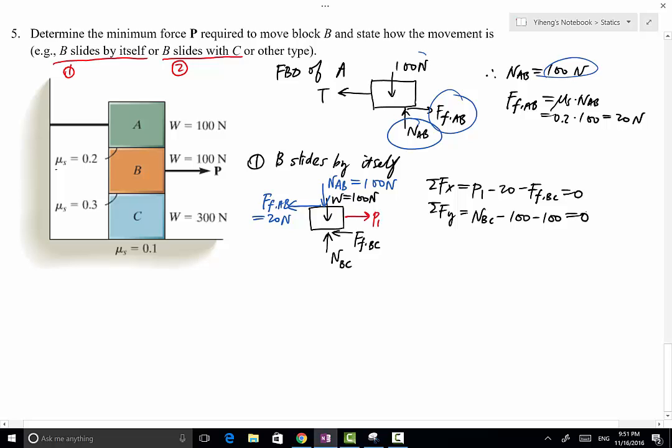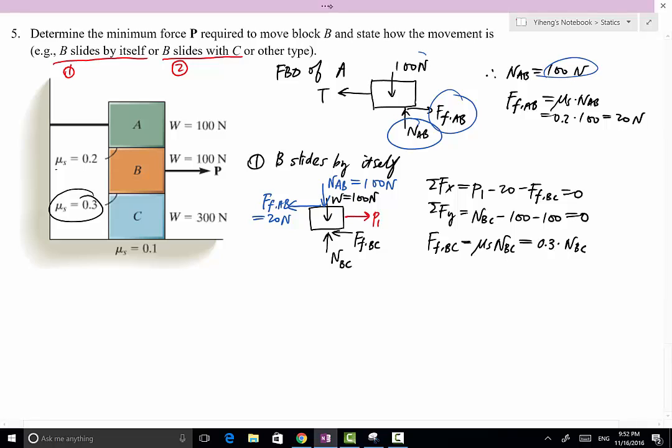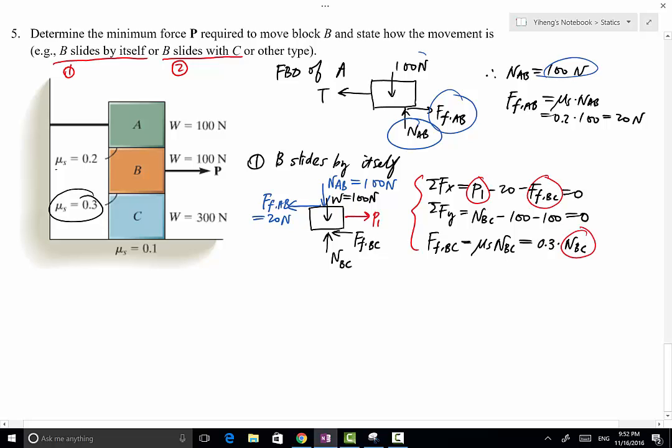And because sliding is going to occur between the BC surfaces as well, FBC also equals mu S times NBC, and this mu S is this one right here between the BC surfaces, that is 0.3 multiplied by NBC. So as you can see, we now have 3 equations and 3 unknowns, P1, FBC, and NBC. So 3 forces, 3 equations, 3 unknowns, we can solve for all 3 of them. Therefore, P1 equals 80 Newton.